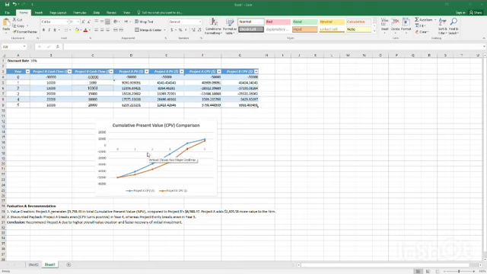Looking at the chart, number 1 is the steeper early recovery. The blue line, Project A, climbs significantly faster during years 1, 2, and 3 compared to the orange line, Project B.